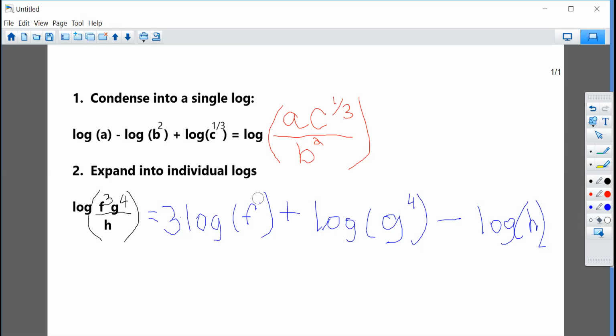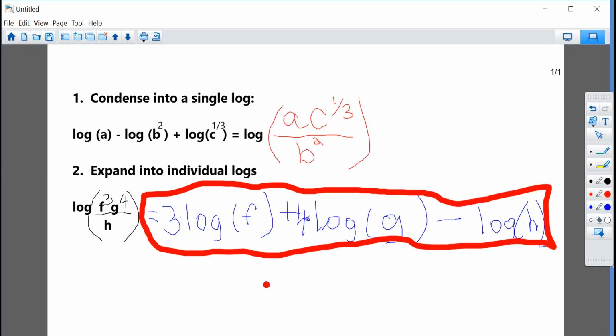So 4 times log of g. Okay, we don't have to do anything with this h because it was already just a single h. So this whole expression right here, not bad, is our final answer. It takes a little bit of room. Okay, any questions on these?